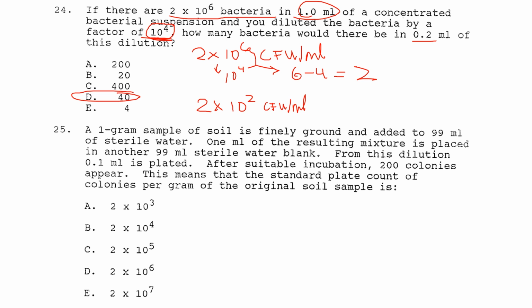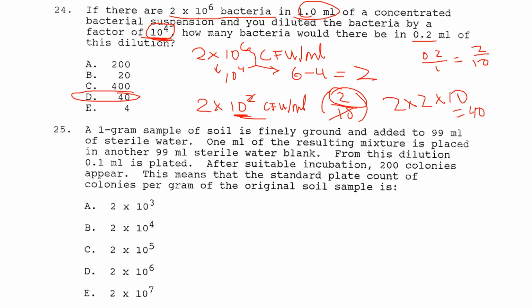Remember 0.2 over 1 is equal to 2 over 10, right? So you actually take away this, so now this is just 10, and then 2 is still in the numerator, right? So 2 times 2 times 10 is 40. So hopefully one of those two ways made sense to you.